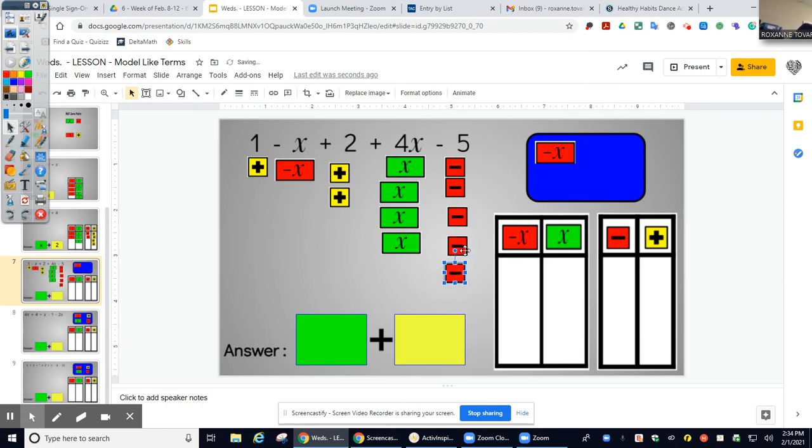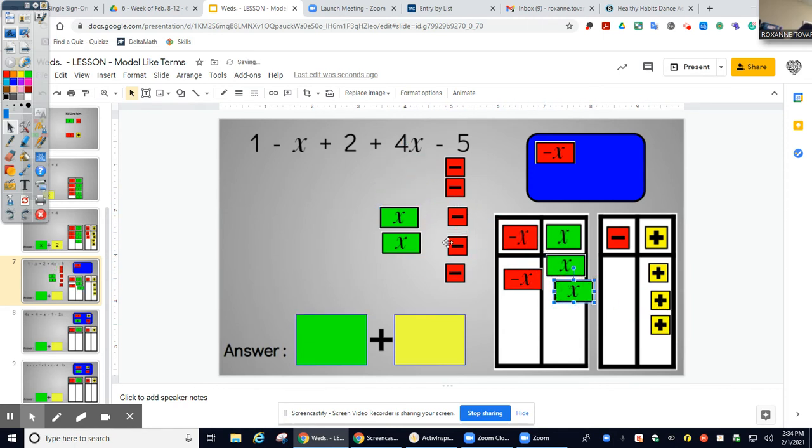Okay, so now we're going to go ahead and put all of these in their place. I'm going to put the positive 1 over here, underneath the positive, the negative x underneath negative x. I have 2 more positives, so I want to put my 2 positives here. And then we have 4 x's, so we're going to put our 4 x's underneath the green.